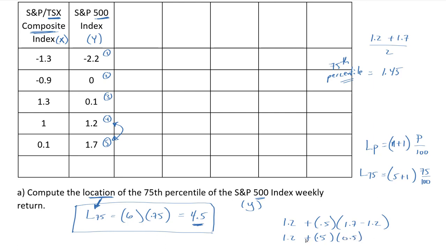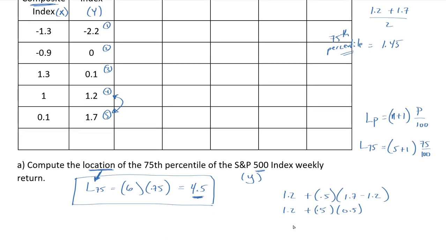So we are left with 1.2 plus a half times a half, that's a quarter. And this ends up giving us 1.45. So that's the same result.